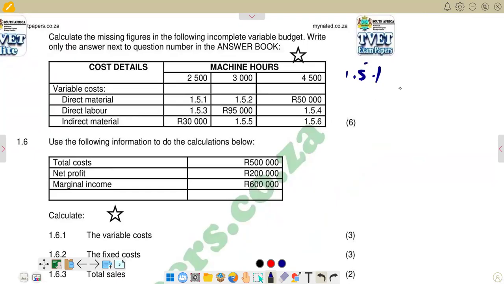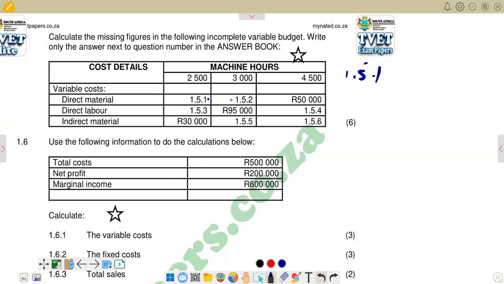On 1.5.1, we are given machine hours there, 2,500 hours.